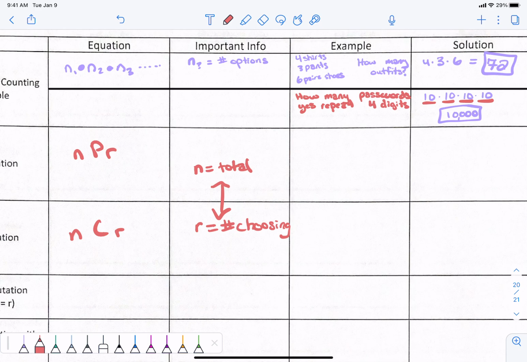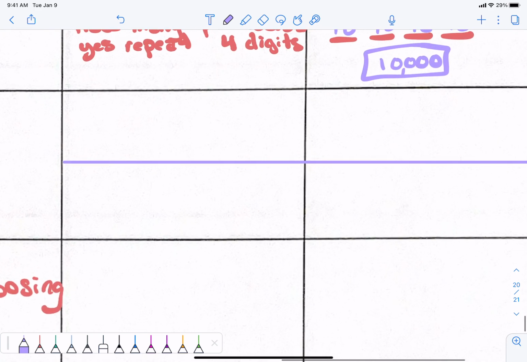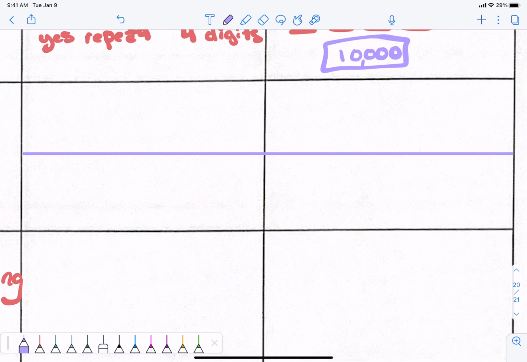Good. I'm going to separate permutation into 2 just because there are 2 different examples that I want to talk about. I won't do this for every single one of them.